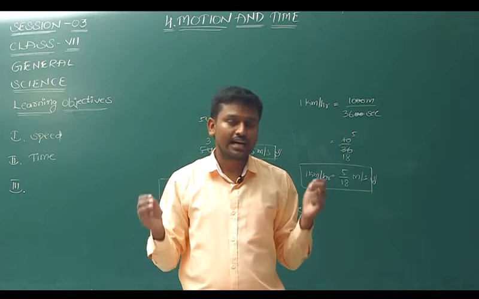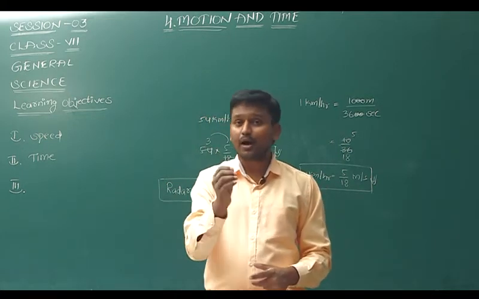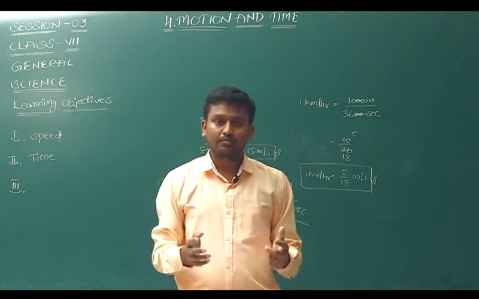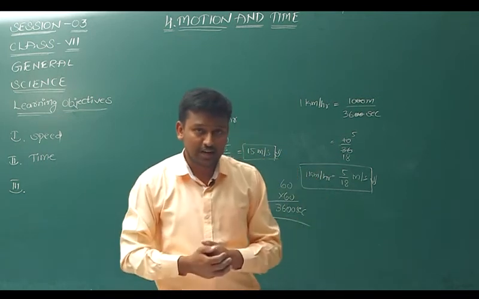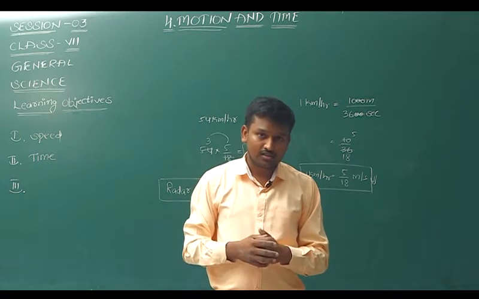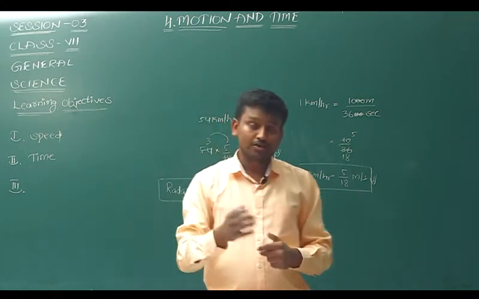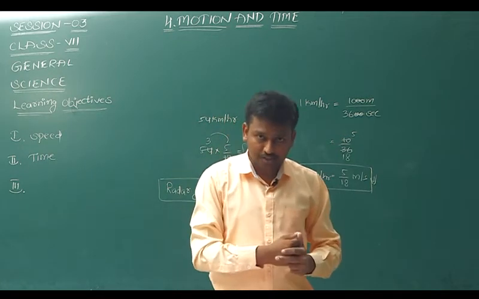Now technology has developed very well. We have so many devices to measure the time accurately. Yes, in milliseconds we can measure the time. So, what are the devices that we can use to measure the time? For example, quartz clocks, digital clocks, and even mobiles. Yes, stop clocks also we use to measure the accurate time, especially in sports.